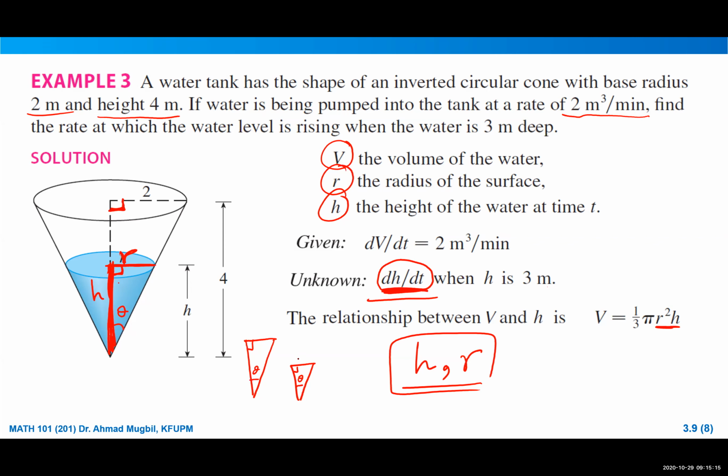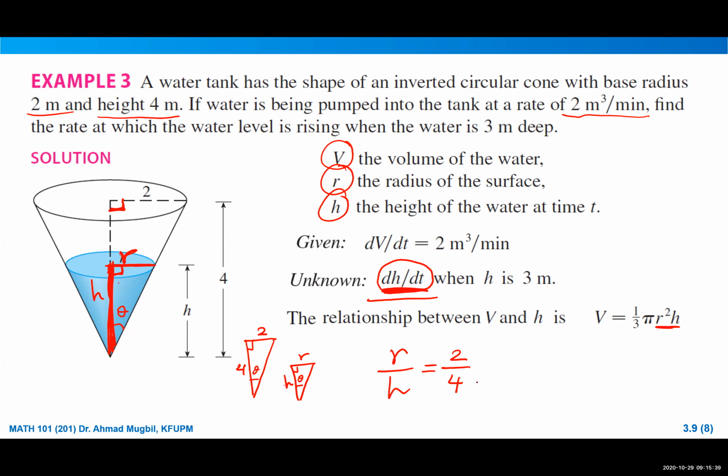So this is R, this is H. If you compare it with the bigger one, this is 2, this is 4. Am I right? So the relationship between them, from the similarity of the triangles, what do we have? The ratio R over H will be 2 over 4.